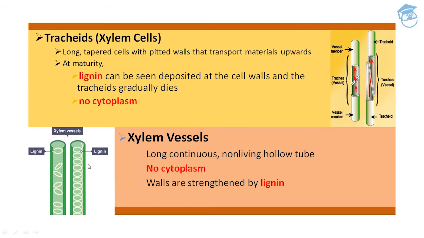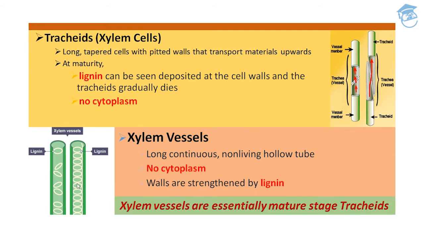As you can see, it is a non-living hollow tube. It has no cytoplasm, and its walls are strengthened by lignin. See, this is the wall which is deposited with lignin, and these are the lignin rings. Xylem vessels are essentially mature stage tracheids. I repeat, xylem vessels are essentially mature stage tracheids.